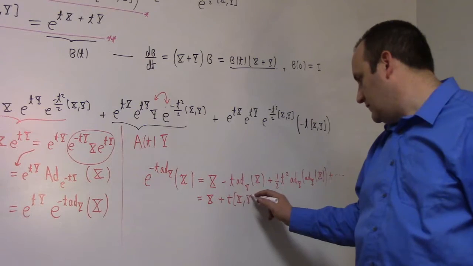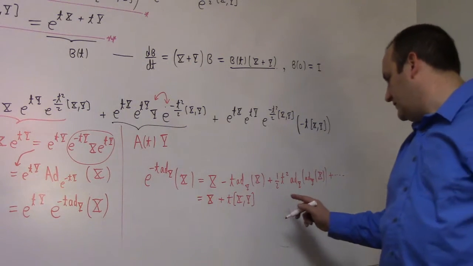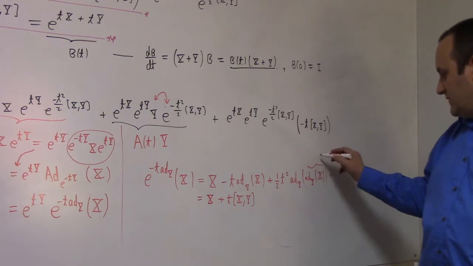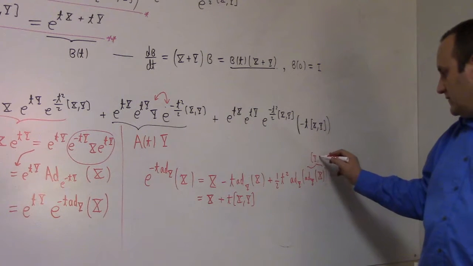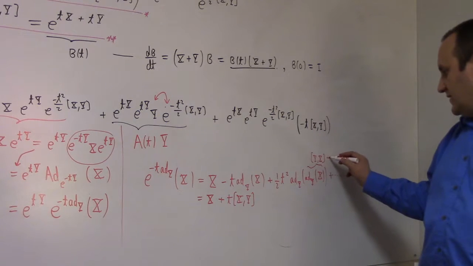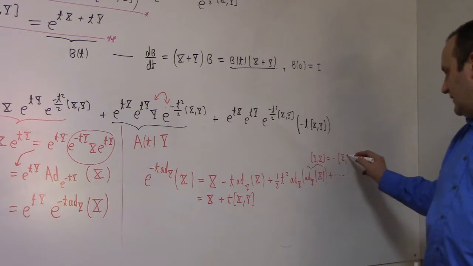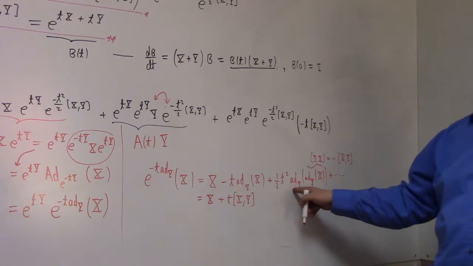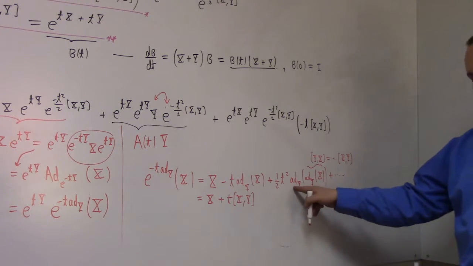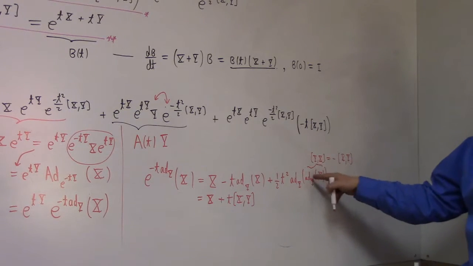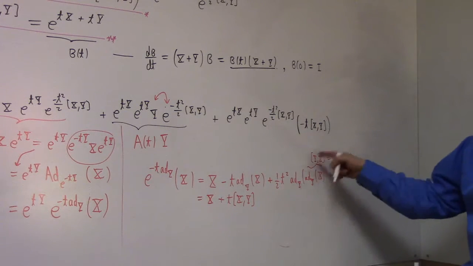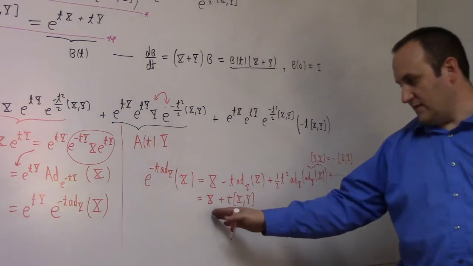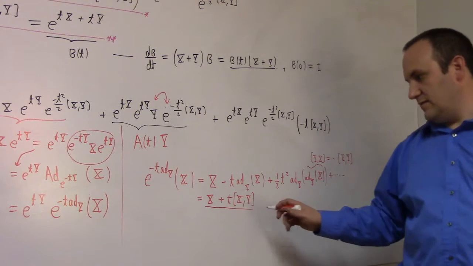But this is already 0, see, because this is like the commutator of yx, which of course is minus xy, and then you're taking the commutator of y with this input. Well, that's the commutator of y with the commutator of x and y, which is assumed to be 0. So this infinite series just truncates to these guys.